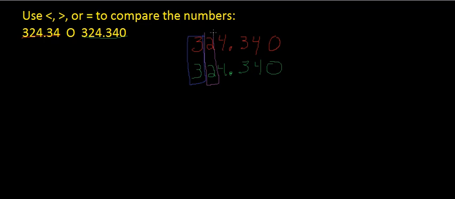We have 2 and 2, so those are equal. We can move on. The ones. We have 4 and 4, so we can move on. The tenths. 3 and 3. Still equal. The hundredths. 4 and 4, we can move on.